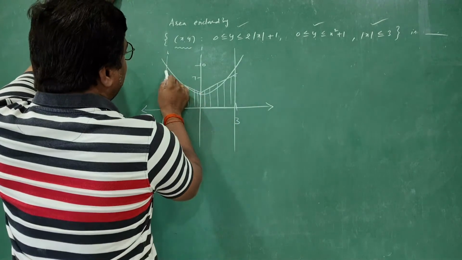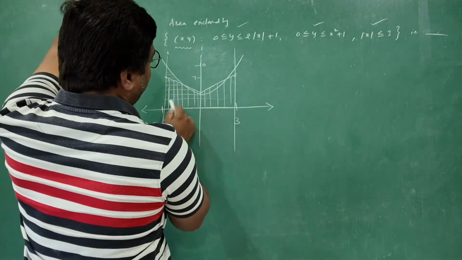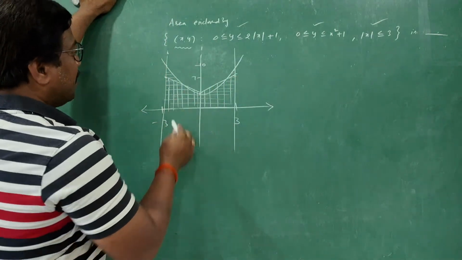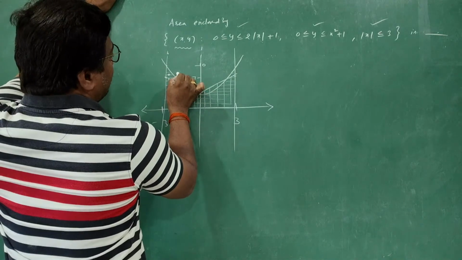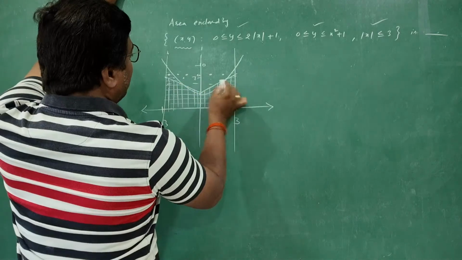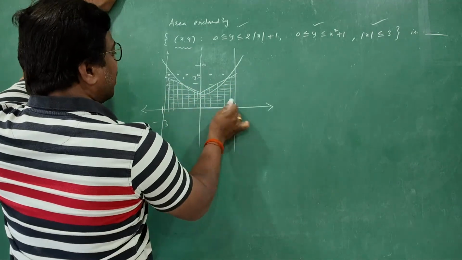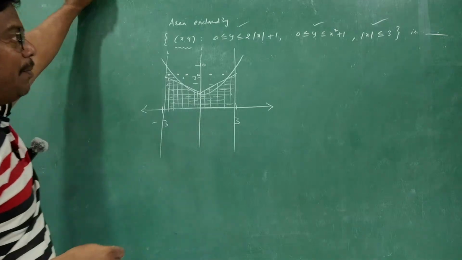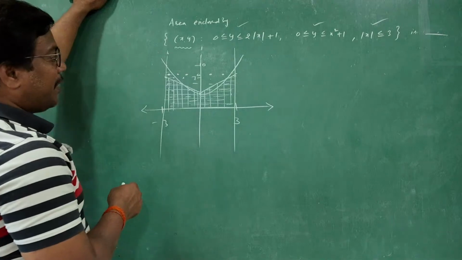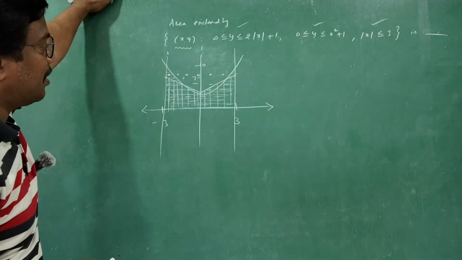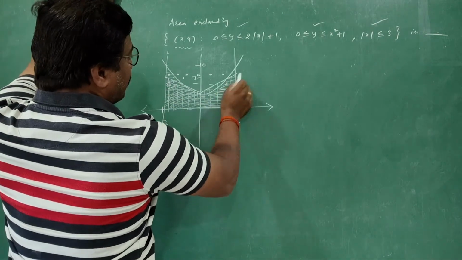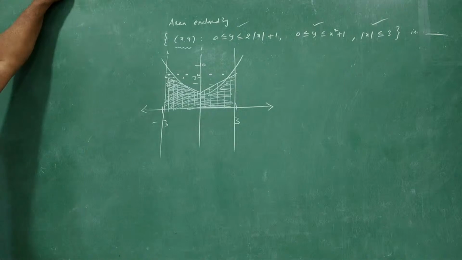Next, for the second one, this is the condition. For the third one, in between minus 3 to 3. So the combination of all the 3 is what you need to find. This is the area.